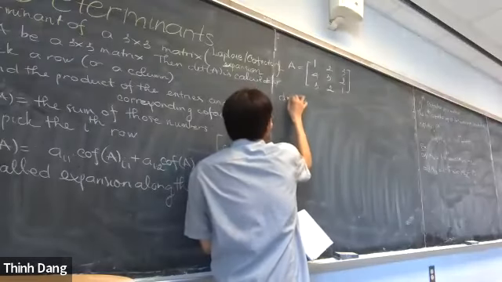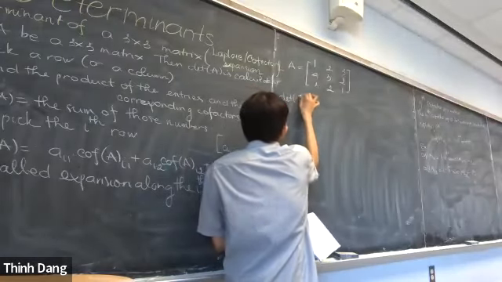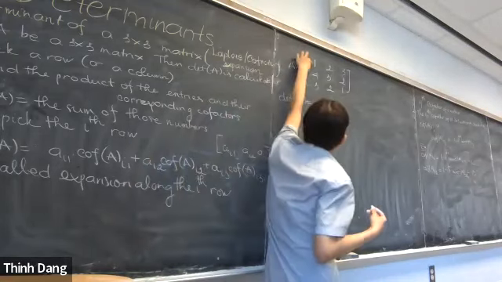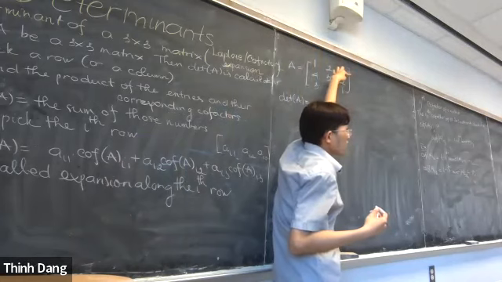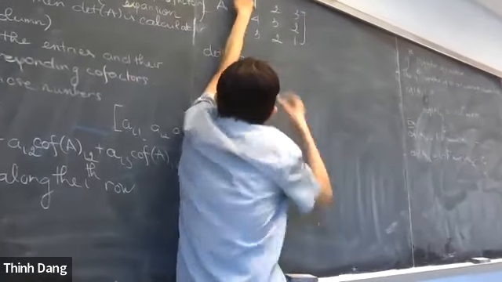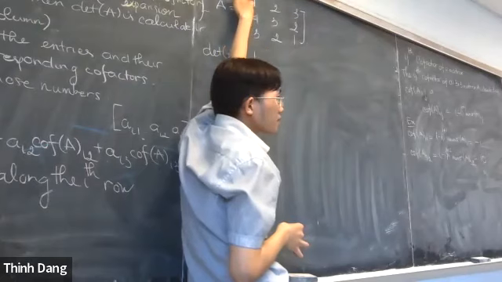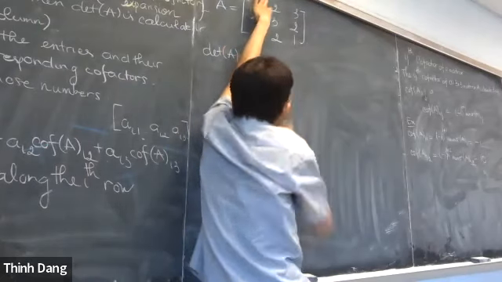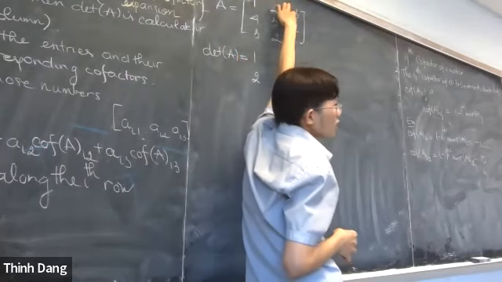Okay, so if you are trying to calculate the determinant of this matrix, first of all, I am choosing the first row. The first entry is 1, the second entry is 2, and the third entry is 3.